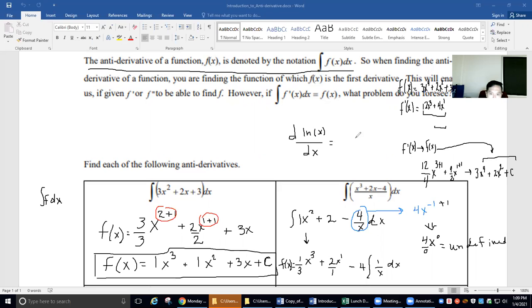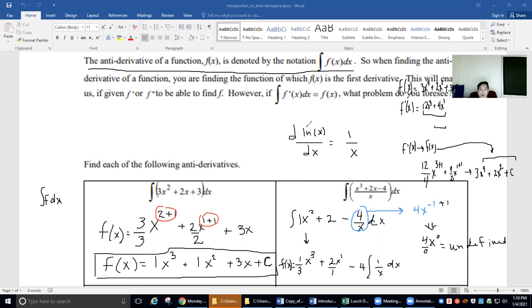We didn't do too much with it, but it was one of those special derivatives. Does anyone remember? And you can probably search it on the computer right now. What is the derivative of the natural log of x? Is it 1 over x or no? No, you're correct. Thank you, Veronica. It's 1 over x.